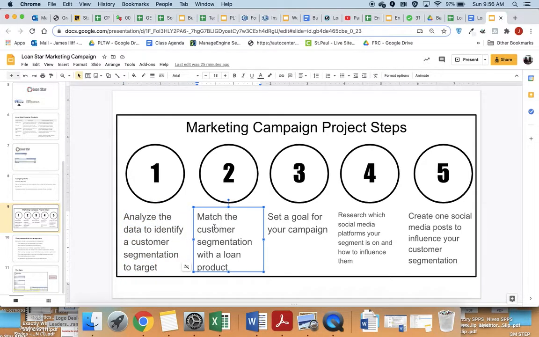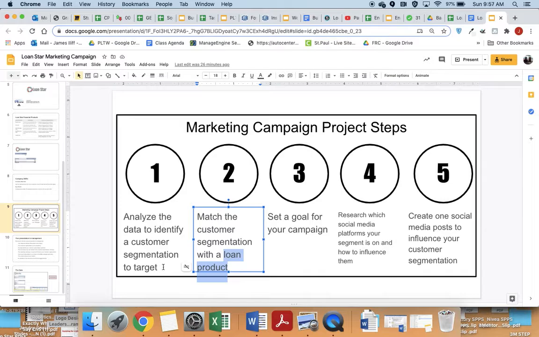Okay, so once you have looked at the data and identified a customer segmentation that you'd like to go after and target, you're going to match that customer segment with a loan product.